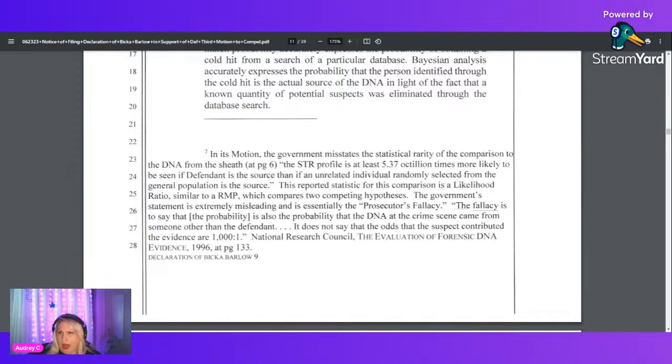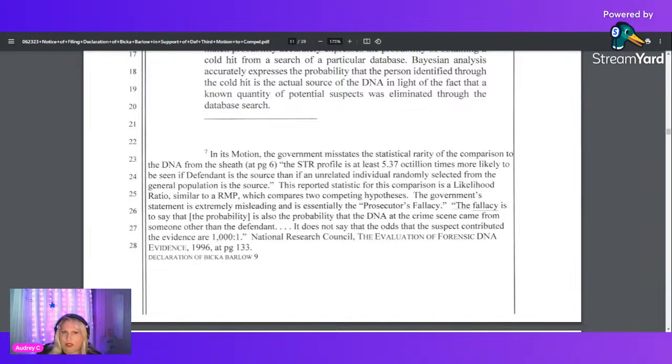Yeah, so if any of you, I'm gonna go out to dinner shortly, but if any of you can help me understand why the state would use these types of circular arguments, especially one that says the STR profile is likely to be seen if, but the STR profile should be visible no matter what it says.